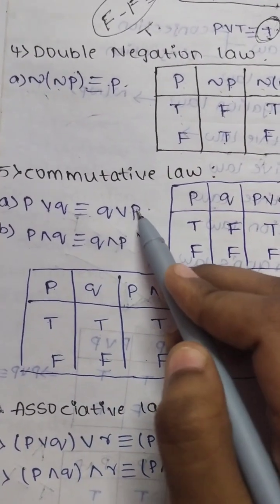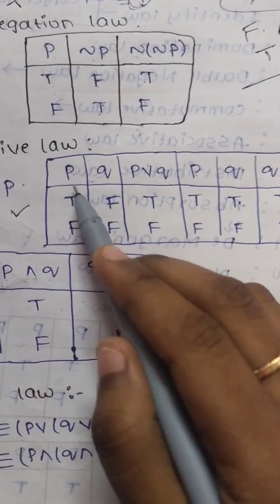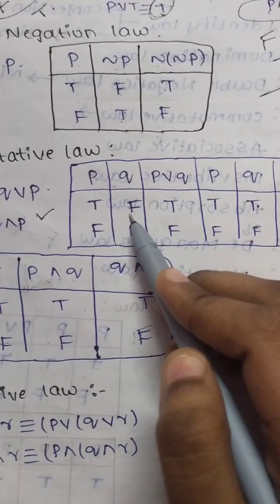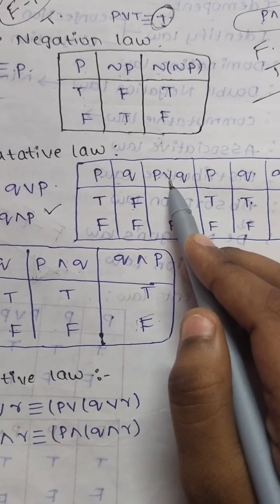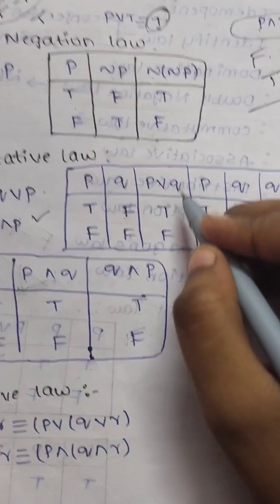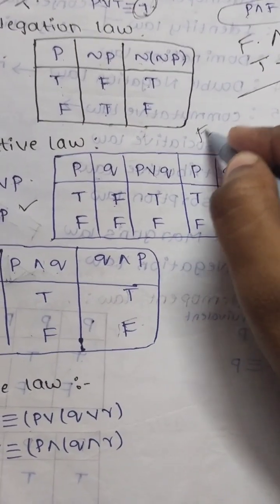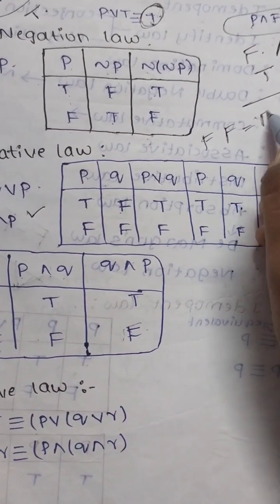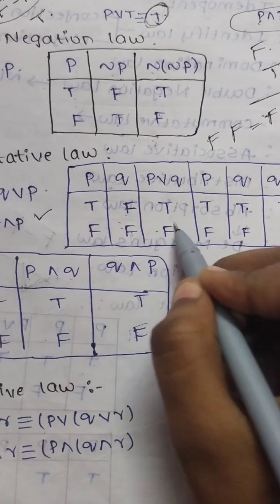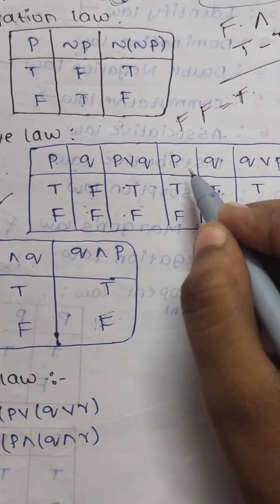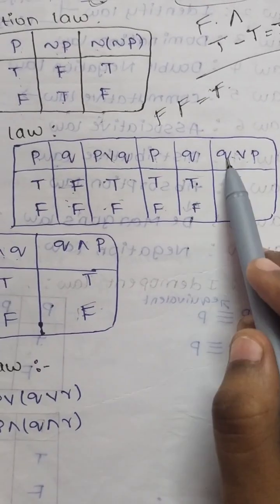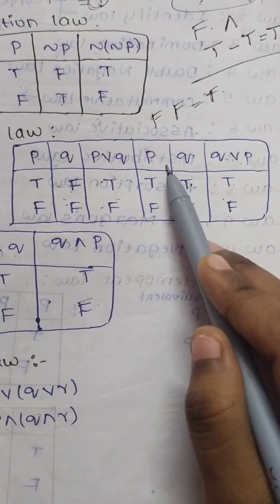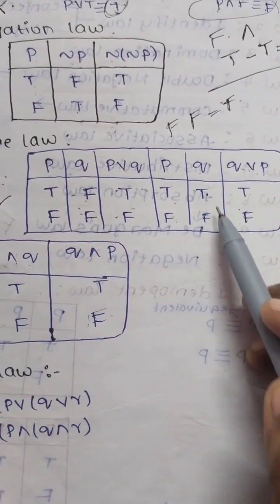So next this one, OR operation, same, P true, false, Q true, false. So P or Q means OR operation, false, false is false, remaining all are true. Next, for Q or P operation, P true, false, Q true, false.